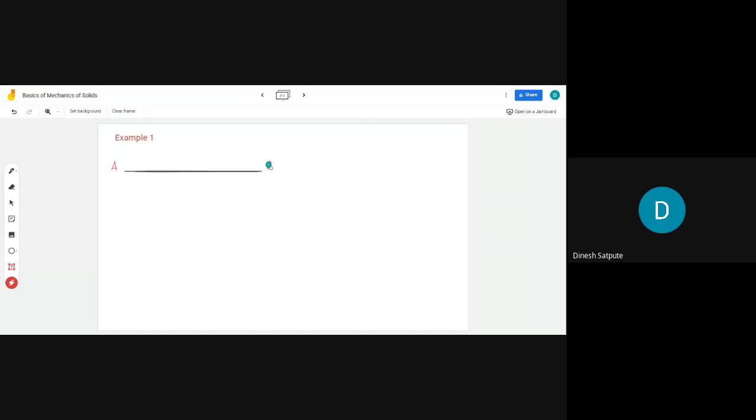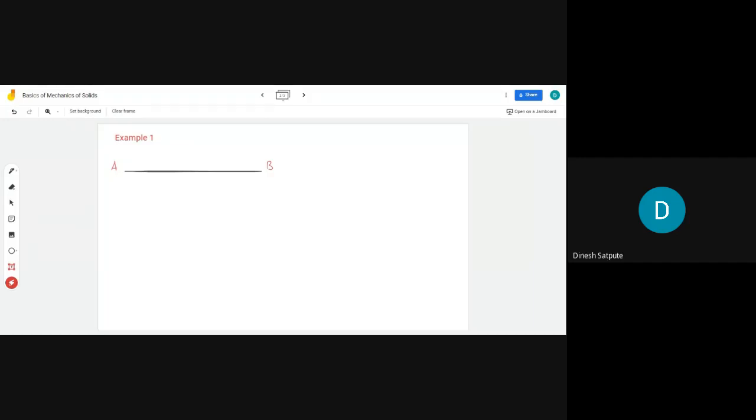Those who are attending the lecture from mobile, there is one facility that you can zoom in or zoom out. So if you are unable to see any portion on the screen, you can zoom it in. You will be able to see it in a more proper manner.